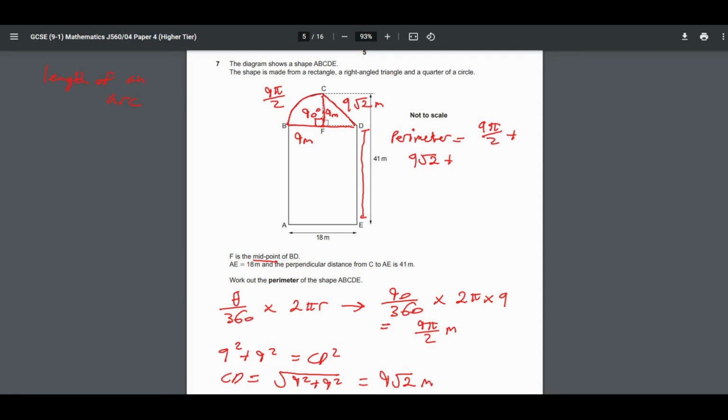So we would have 32 for D to E, so plus 32. Then plus 18. And then plus, on the other side, B to A, which will also be 32. And that gives you the answer of 108.9 meters to 1 decimal place.